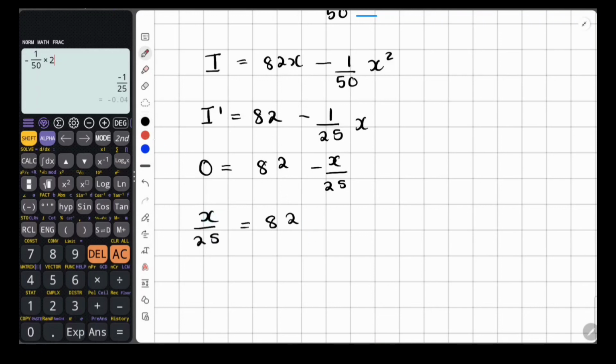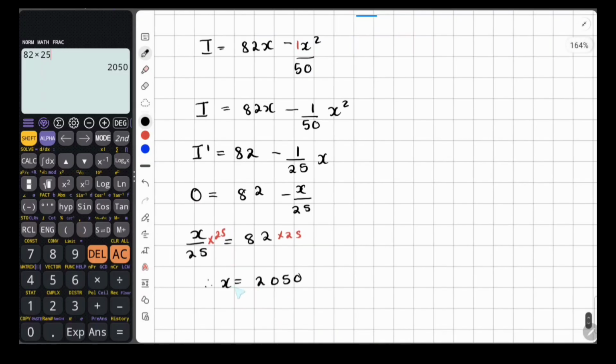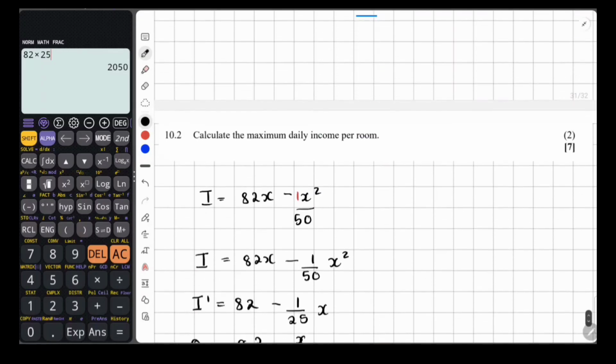Then we just need to solve for x by multiplying both sides of the equation by 25. So x is going to be equal to, what is 82 multiplied by 25? It's 2050. So x is just equal to 2050.